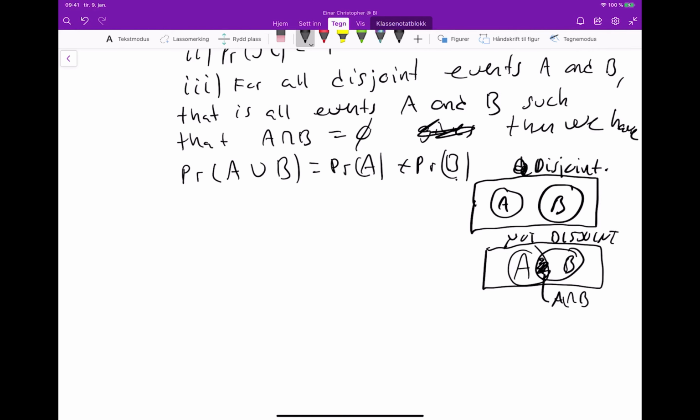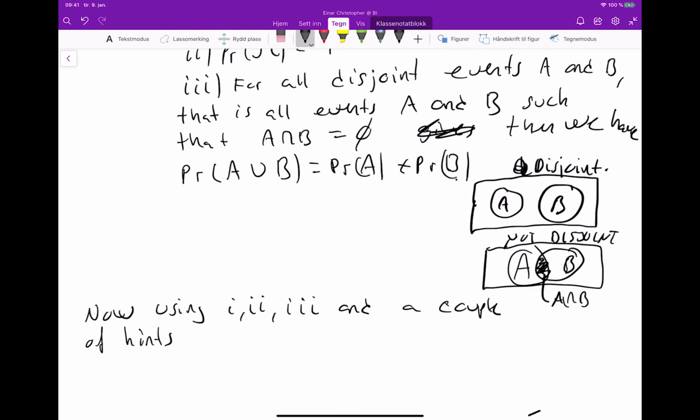Now using III and a couple of hints, we will show two results.